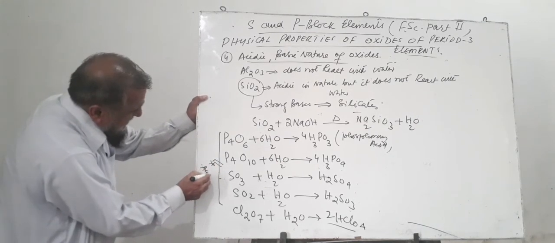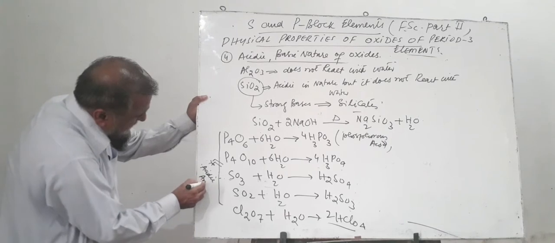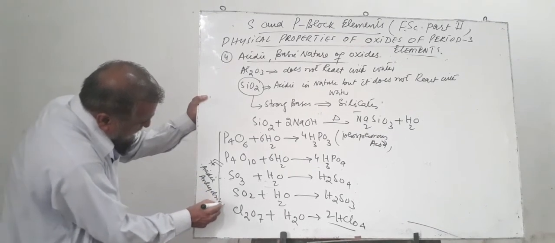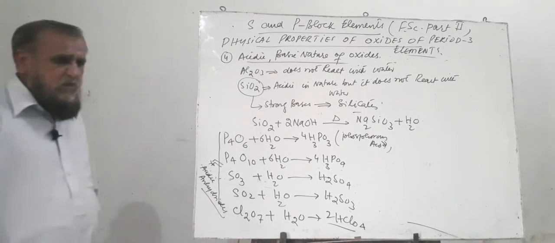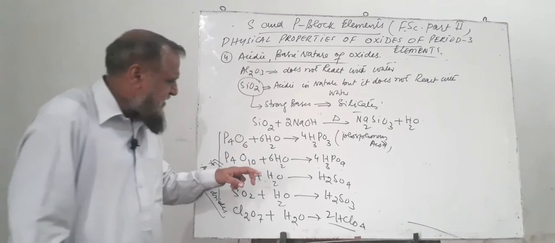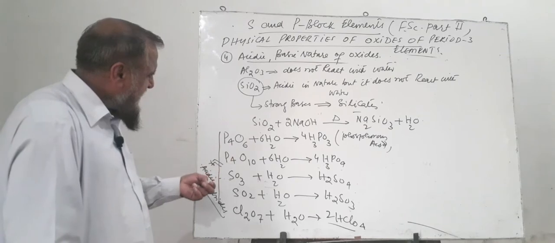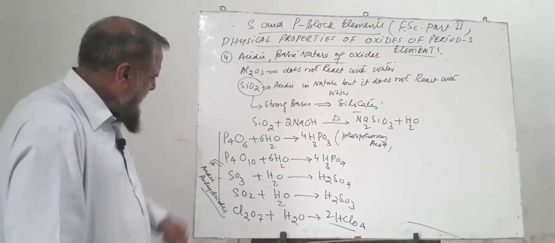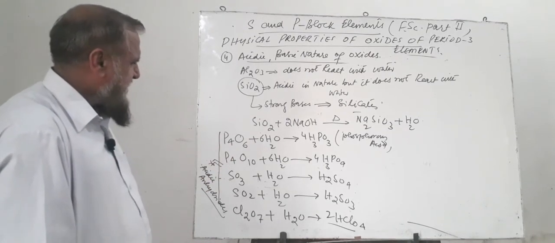As these oxides react with water and produce acids, these oxides are also known as acidic anhydrides. These are the compounds which contain no water, but when they are dissolved in water, they produce acids. Now, as they are acidic in nature, therefore they will also react with bases.